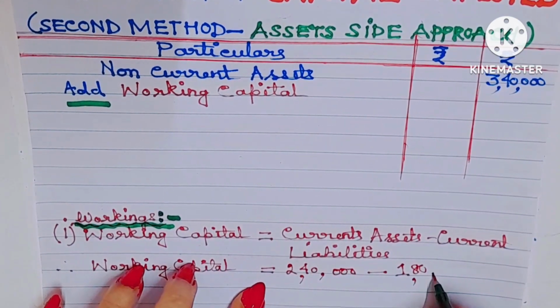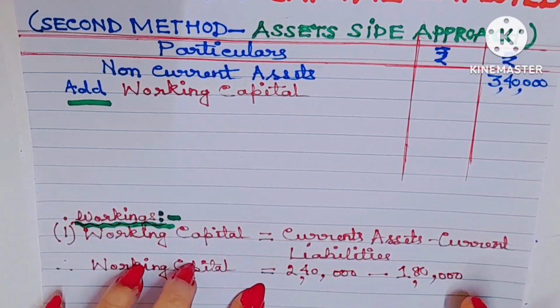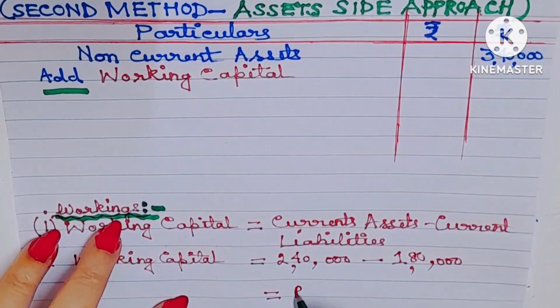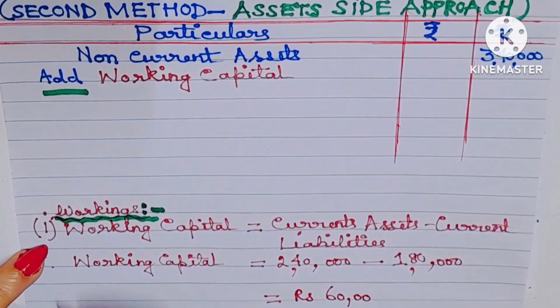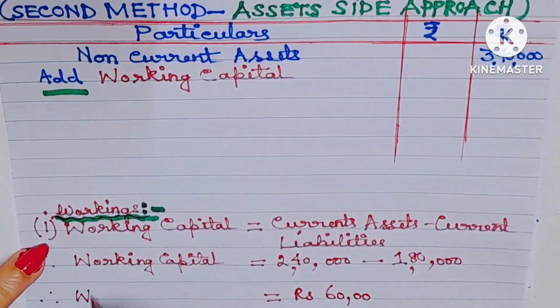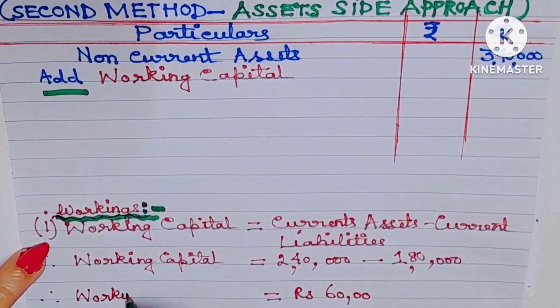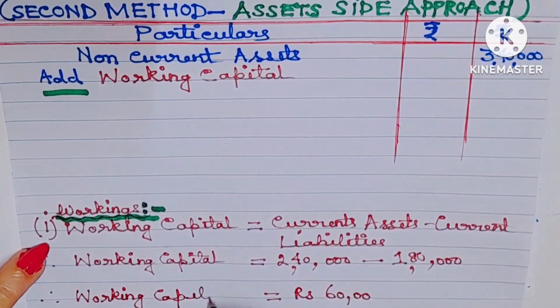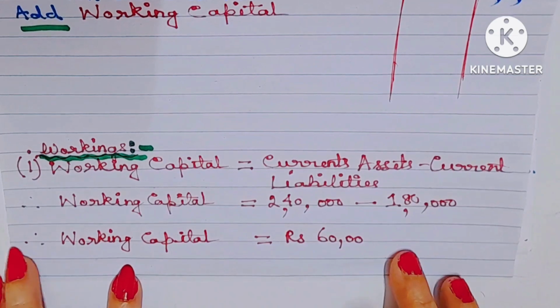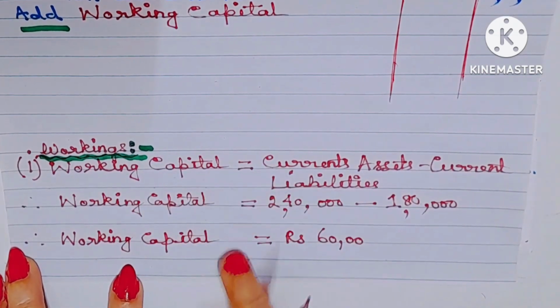That is how much? That is 60,000. So, therefore, working capital is equal to rupees 60,000. So, we have to do the working capital in the rough work.